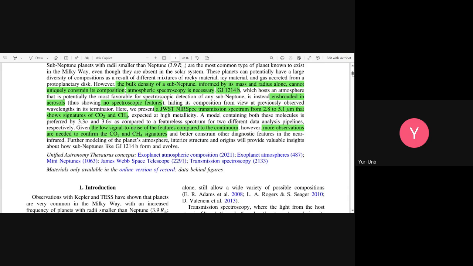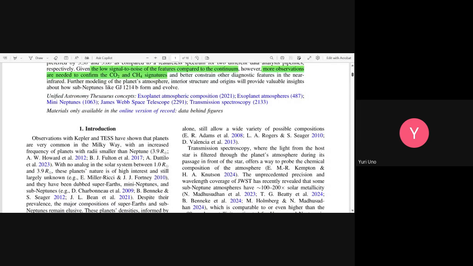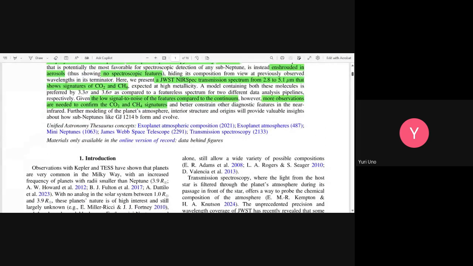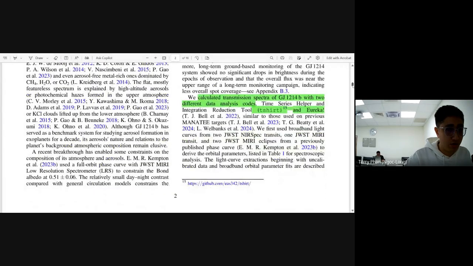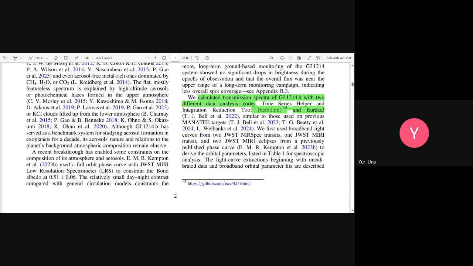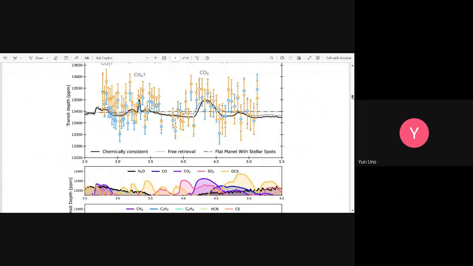So that is related to Songjin's question: what is the difference between the normal spectroscopy and this transmission spectrum? Songjin asked about the two data pipelines they use in this study, which are tshirt and Eureka.